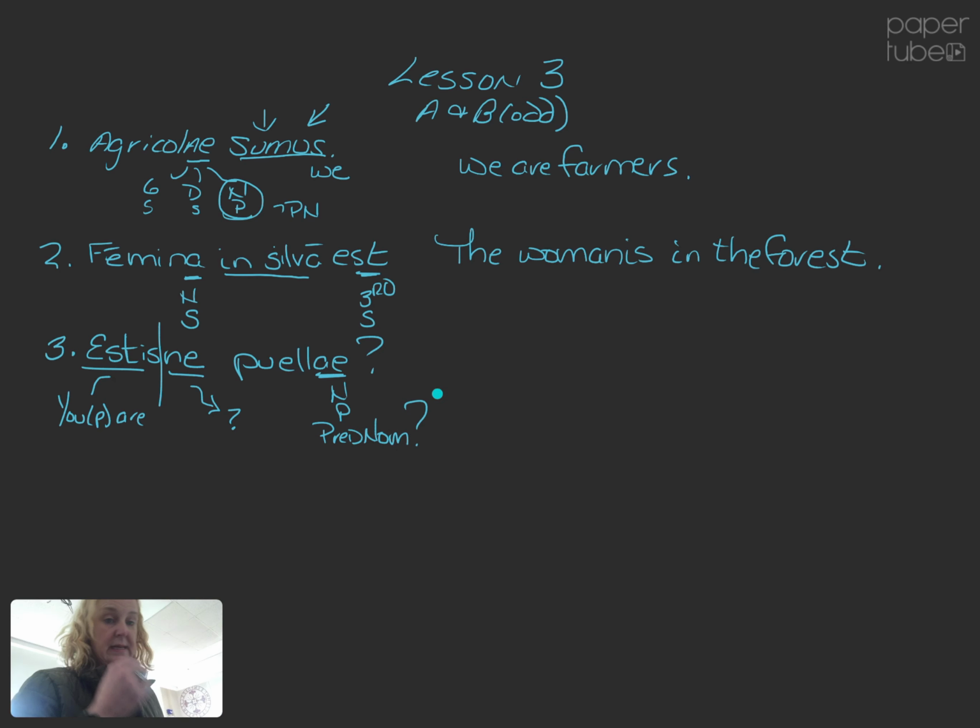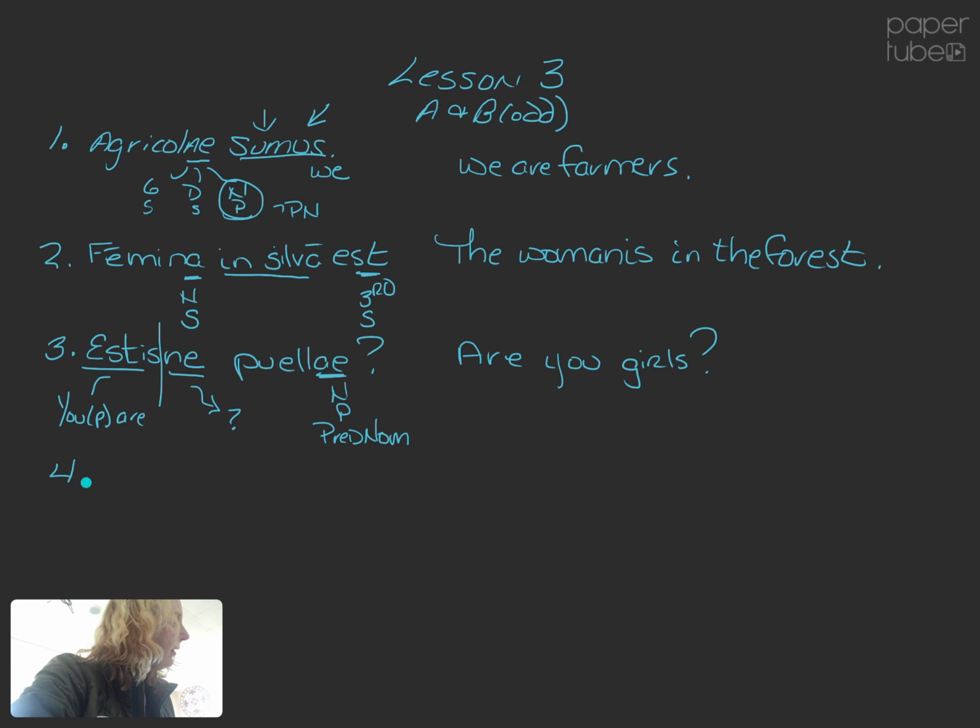These verbs of being, predicate nominatives everywhere because we have verbs of being. So that is the fertile ground of predicate nominatives. Can't have a direct object with a verb of being. So this is a question. Are you girls? Plural.